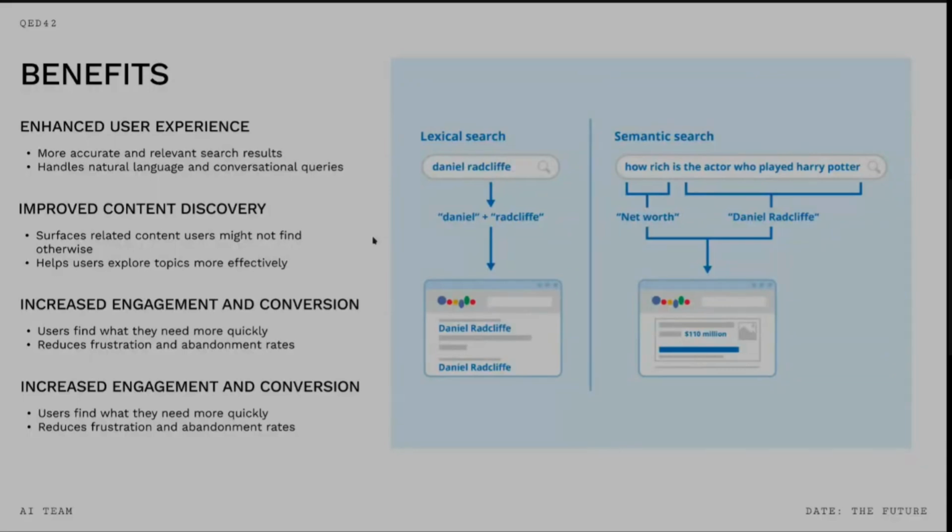On the right, you can see a quick snap of a comparison between lexical search and semantic search. You can see Daniel Radcliffe. Lexical search does a keyword search, and on the other hand, semantic search understands the intent. So how rich refers to his worth, while the actor who played Harry Potter could refer to Daniel Radcliffe.